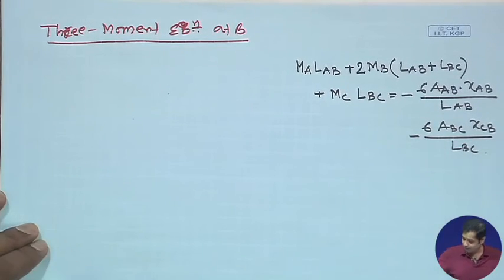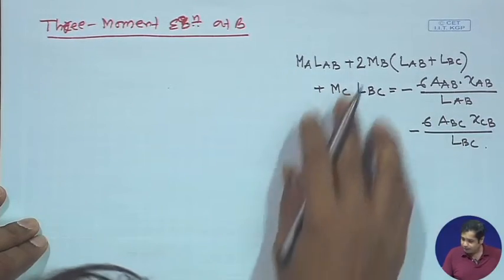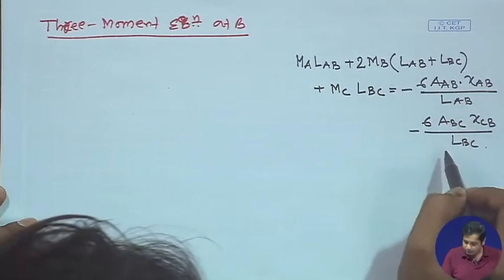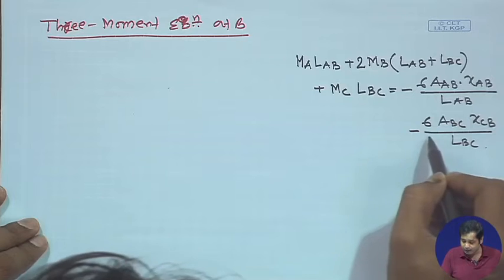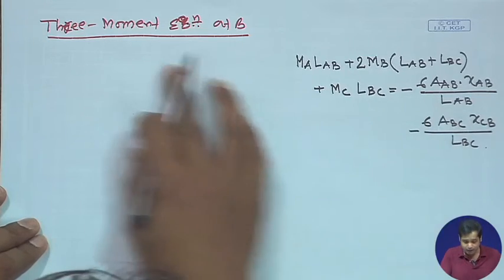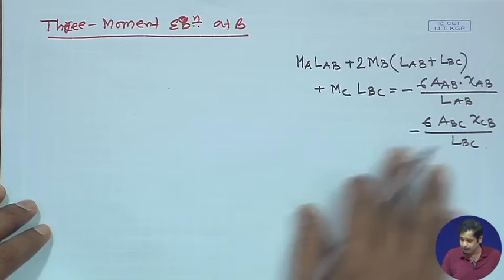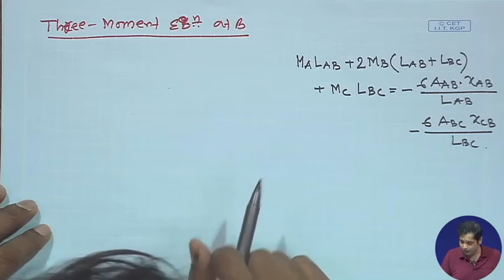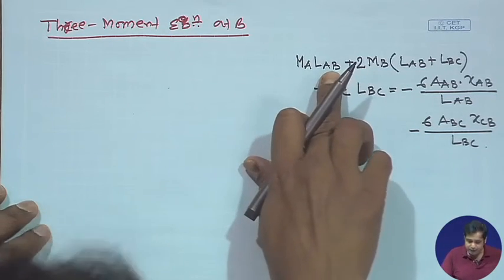We know this, right? Now, if we apply it, there is no EI term, because the flexural rigidity of all the spans is constant. Now, LAB is equal to 3 meters.